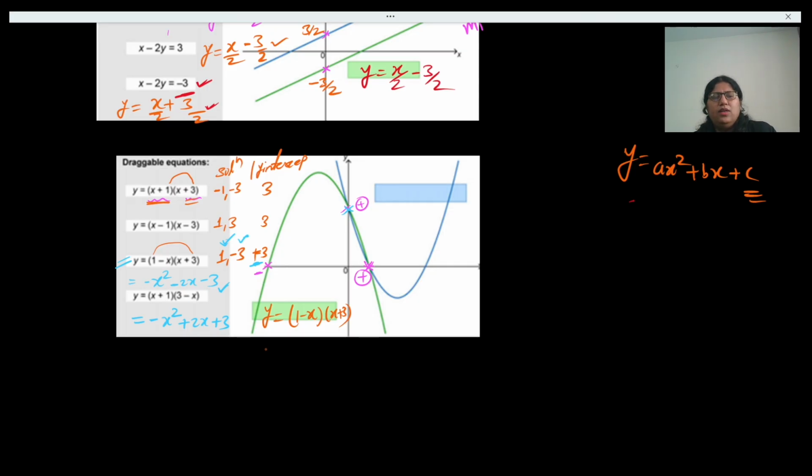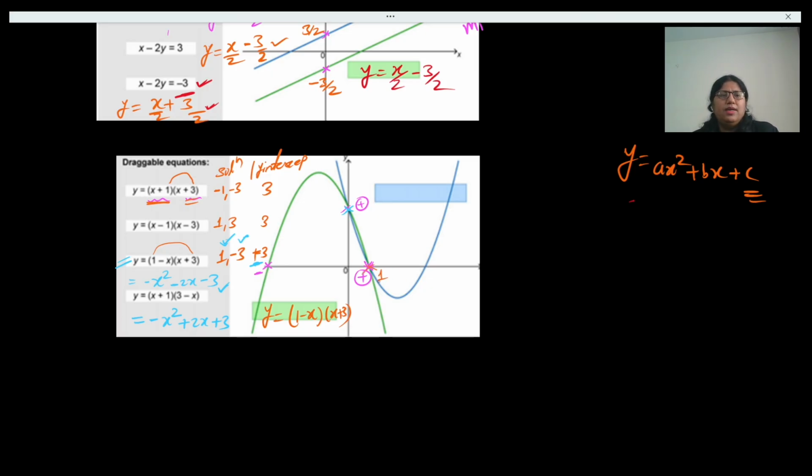So you can get the zeros, and you can get the y-intercept, which is positive 3. It is a downward parabola because the x square coefficient is negative, and minus 3: one of the roots is negative, another root is positive. Now, because we already got one of the roots, which is going to be 1.